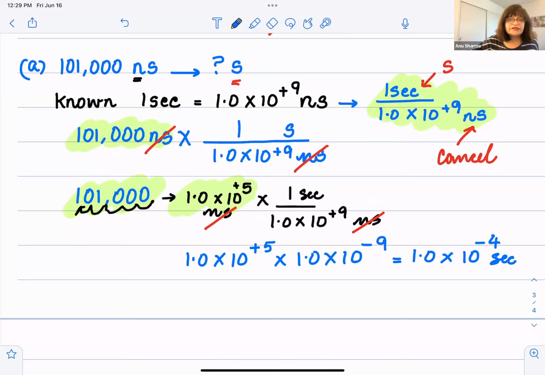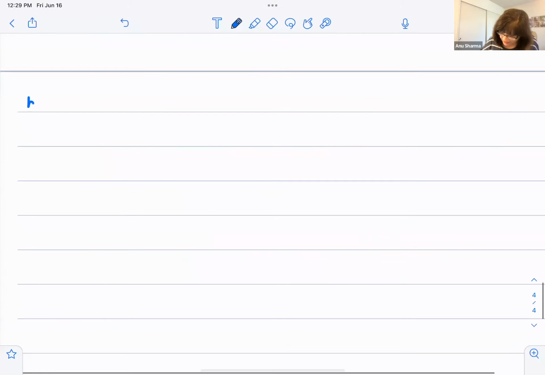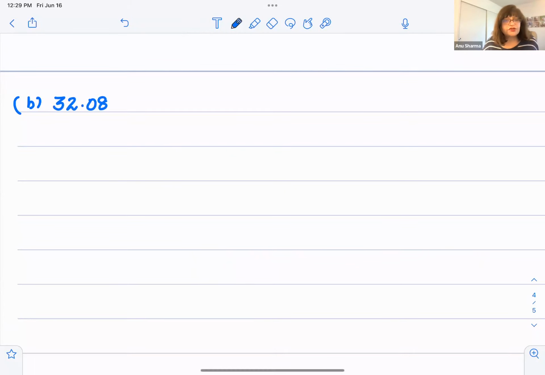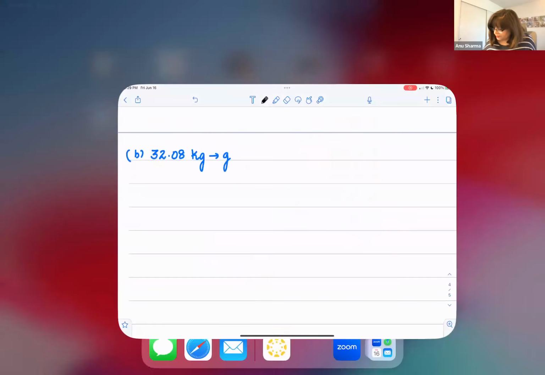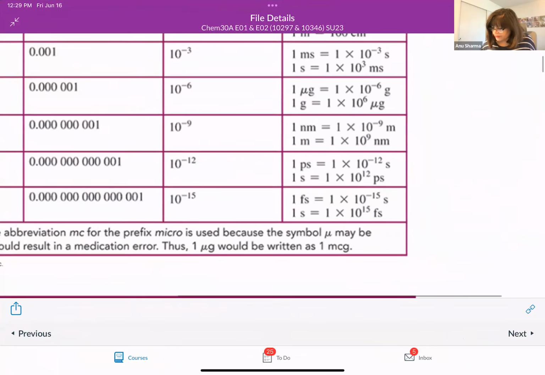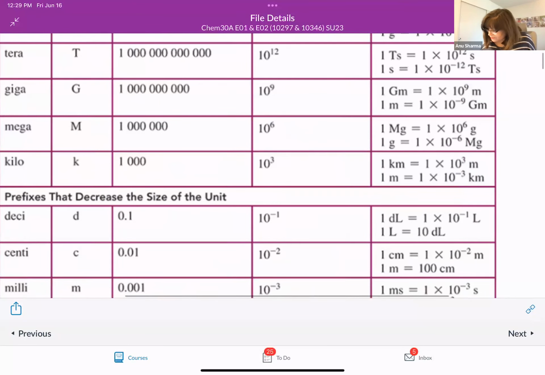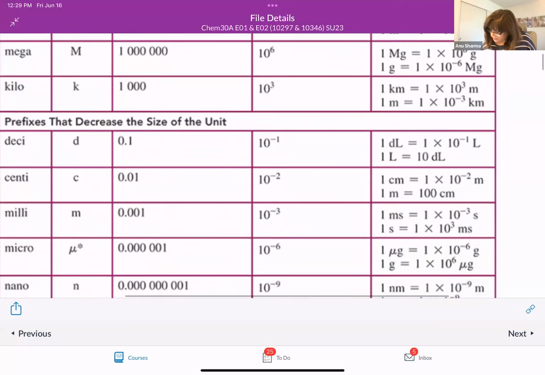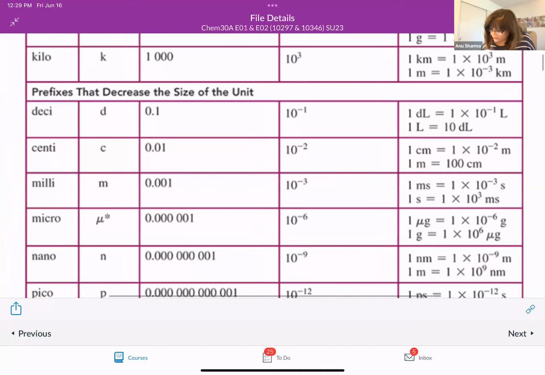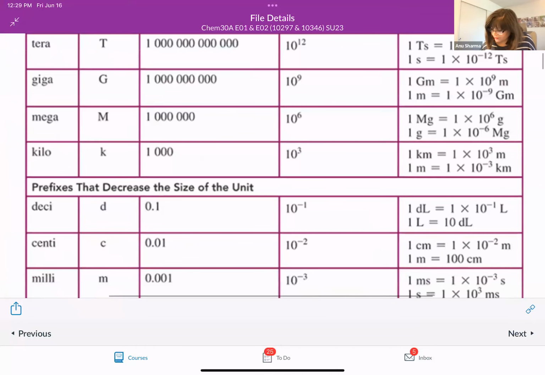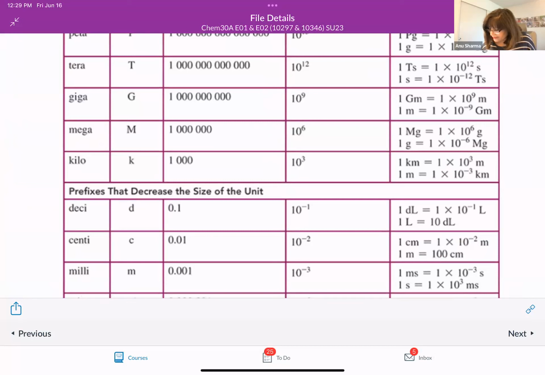Now let's look at the next one, which is converting kilograms to grams. So part B is 32.08 kilograms, and you convert that to grams. So if you don't remember the relationship between kilograms and grams, you can look in the table. 1 kilogram is 1,000 grams.